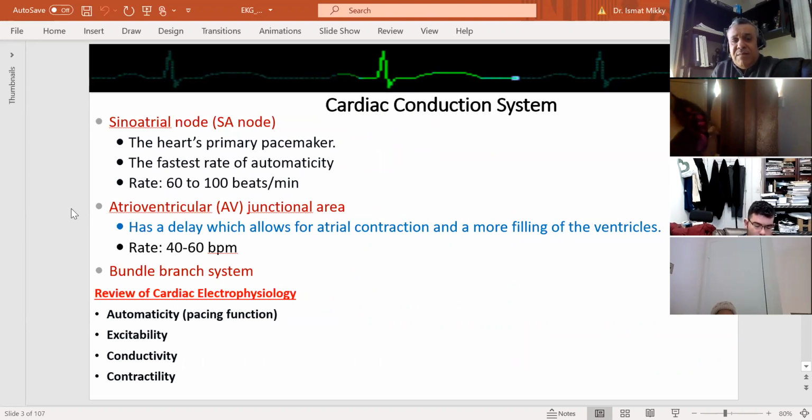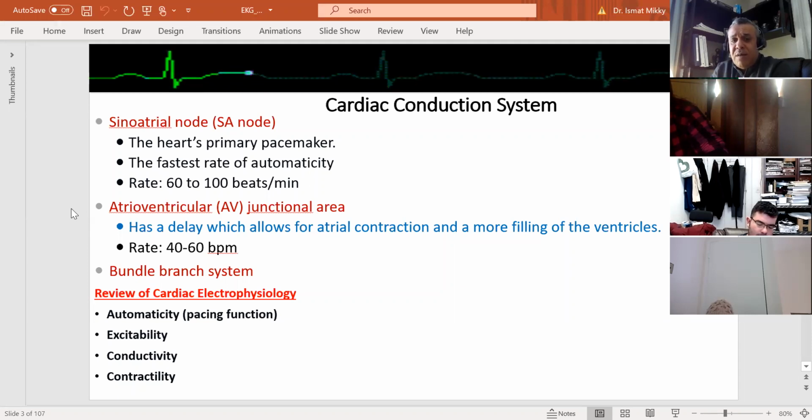And then we have some features of cardiac electrophysiology, which are very specific to cardiac muscle and cardiac cells. You won't find these features in any other cells or tissues in our body outside the heart, or myocardium.